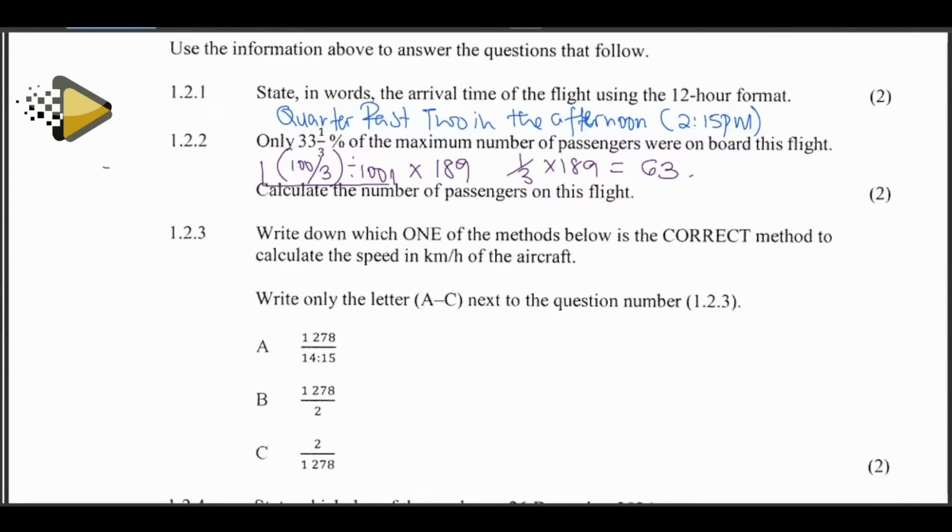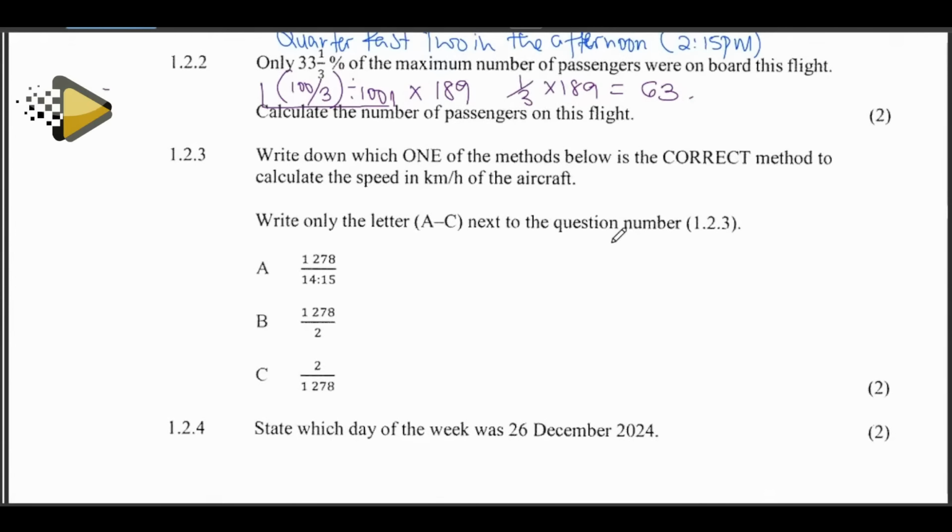Name the number of passengers. Okay, I will calculate the number. We've done that. Which one of the following is the correct method to calculate speed in kilometers per hour of the aircraft? Remember, when we are calculating speed, we shall need the distance over time.